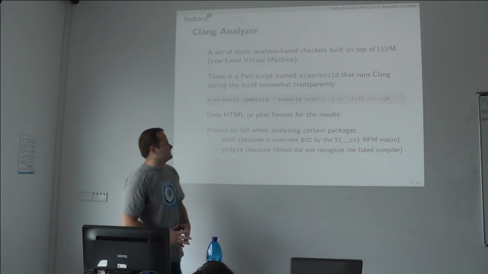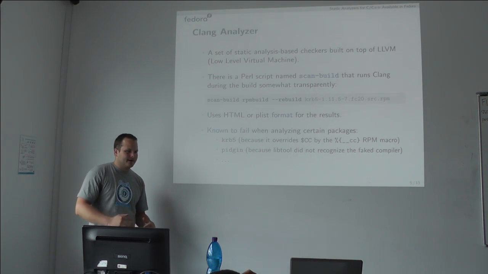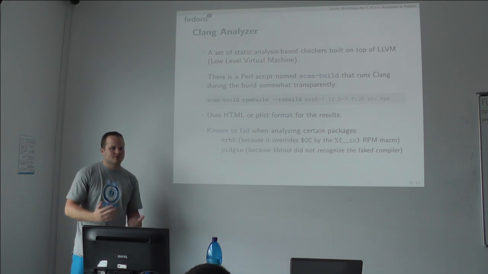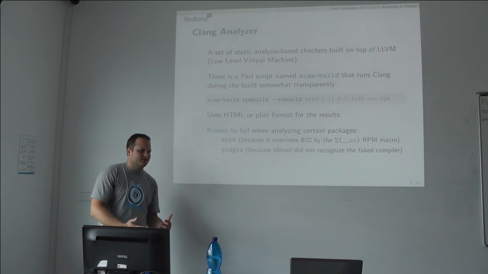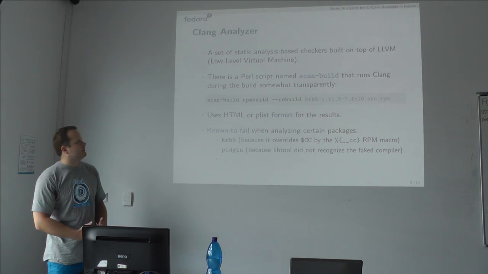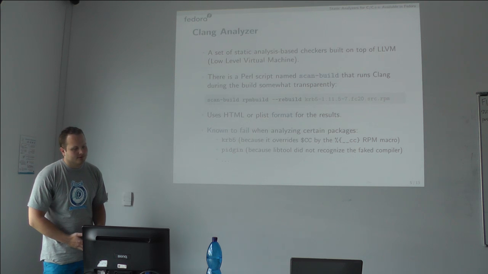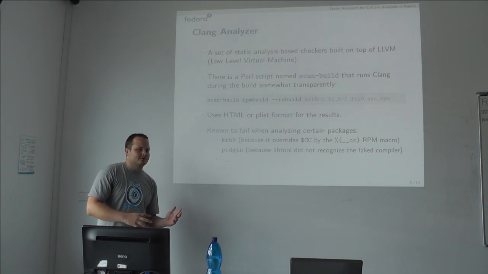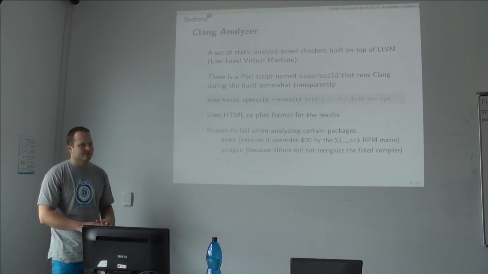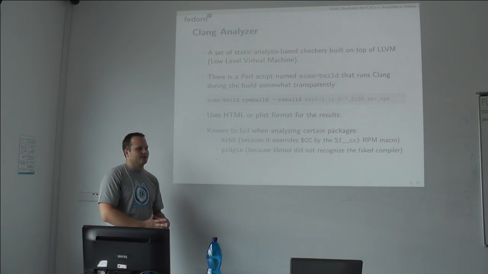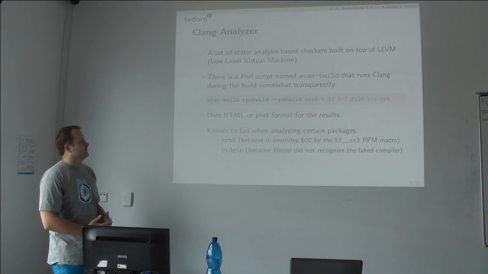The second one is the Clang analyzer, which is based on data flow analysis. So it is more mature and provides deeper results compared to Cppcheck. It does not support the mode of Cppcheck to run it just on sources. We really need to be able to compile the code, so we need to tell Clang how to compile it.